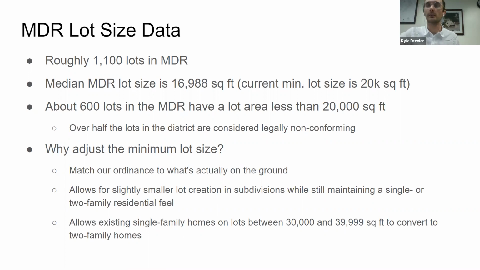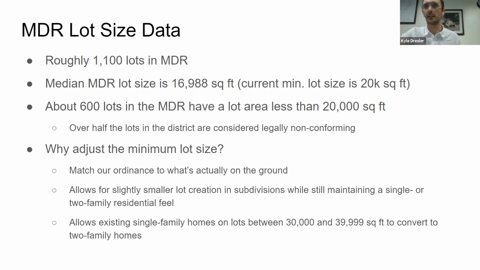It doesn't match the dimensional requirements laid out in our ordinance. So, why adjust this minimum lot size? I think a lot of people talk positively about certain neighborhoods in the town that don't match our current dimensional standards for the district.